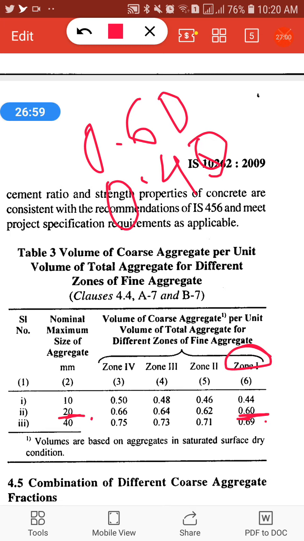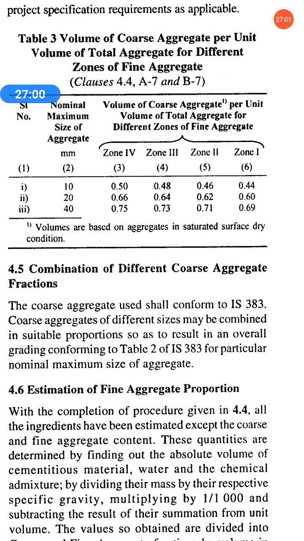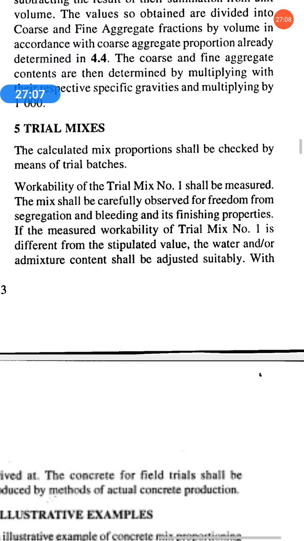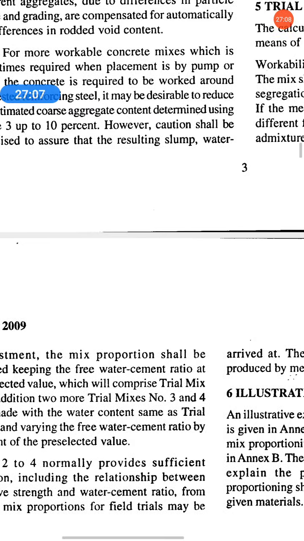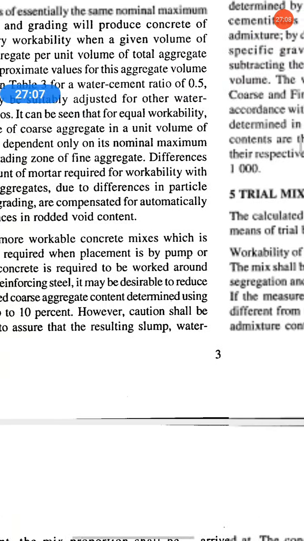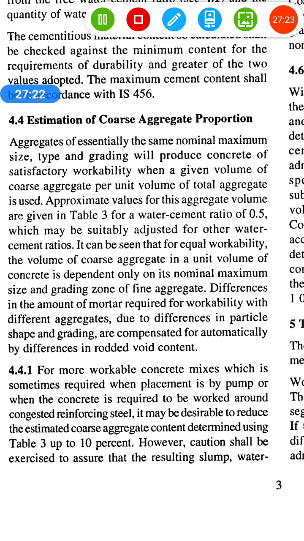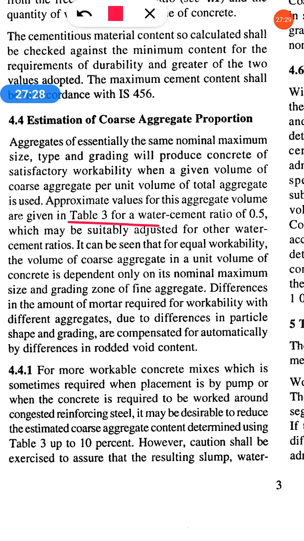Okay, but here one thing is also provided. See where it is mentioned, somewhere it is mentioned here. See, estimation of coarse aggregate proportion. So this is for water cement ratio 0.5 only. Table 3 is for water cement ratio 0.5 only, but in our question we have taken water cement ratio 0.4.